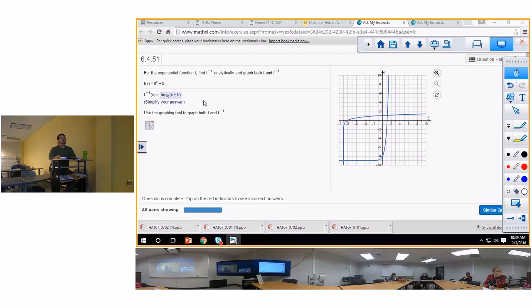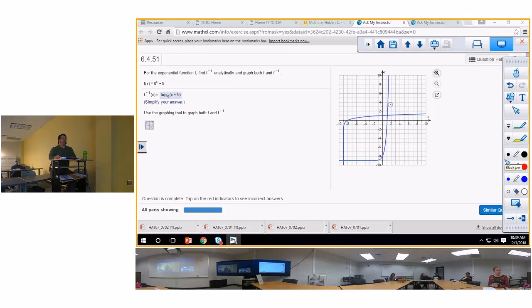Okay, 8 to the x minus 9. It says for the exponential find f of negative 1 analytically and graph both f and f of negative 1. First of all, this is where you change everything around.